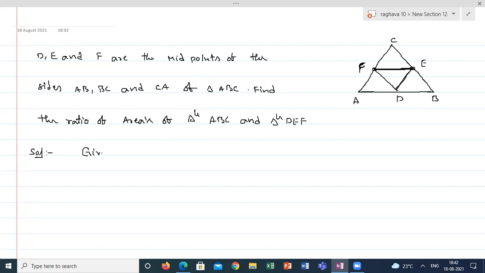Given D, E, F are the midpoints of AB, BC and AC.